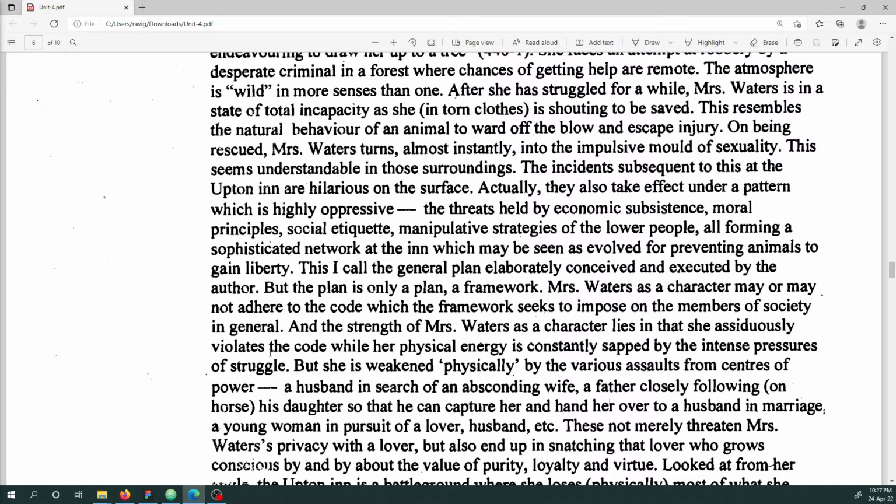she assiduously violates the code while her physical energy is constantly sapped by the intense pressures of struggle.